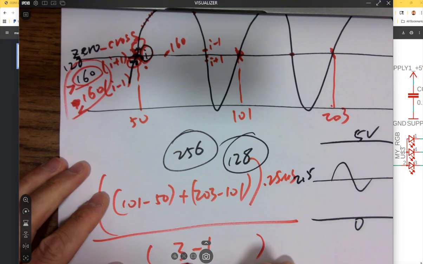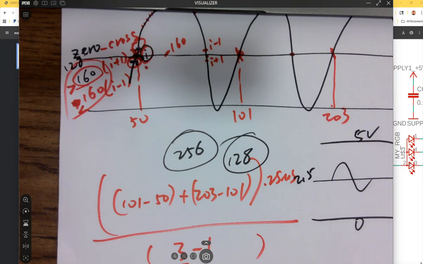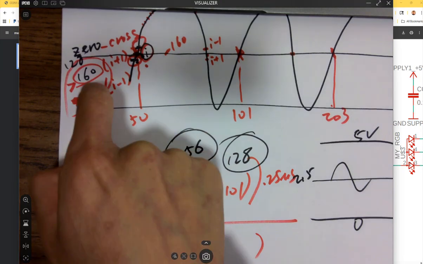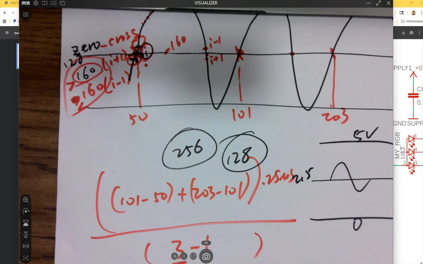So 3 is how many zero crosses? That's easy to find since every time it crosses zero you detect it and log it, so you can get a count. Okay, that's how you measure frequency.